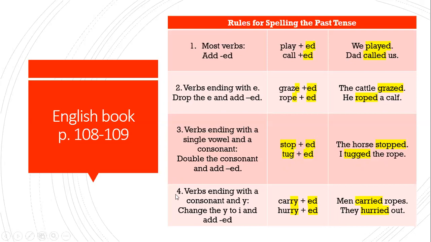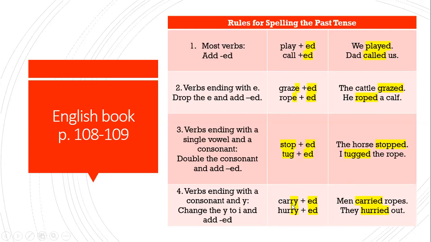Rule number 4, verbs ending with a consonant and Y, we change the Y to I and add ed. We change the Y to I and add ed. And I know that this sounds familiar because we covered this when we worked with the present tense rules, okay? So, carry is a verb that ends in a consonant.